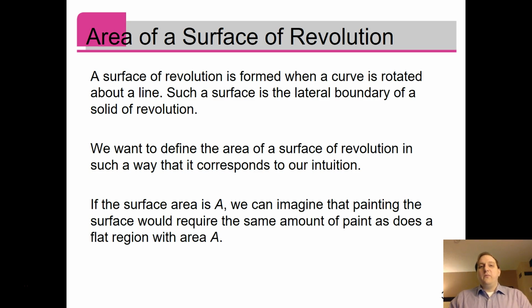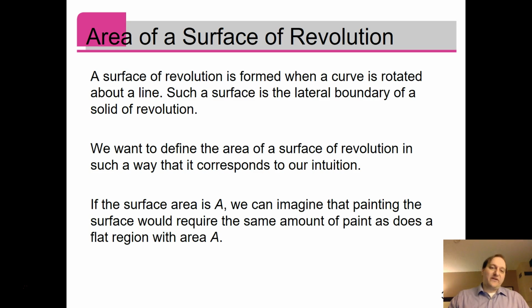All right, so what is a surface of revolution? When we have a surface of revolution, we're starting with a curve, and we're rotating it about a line, and this is the lateral boundary of a solid of revolution. For a solid, we're taking the region and revolving it around the axis of revolution. Here, we're just taking the curve and revolving it, and that gives us a surface. Basically, we're defining surface area as: how much paint would it take?